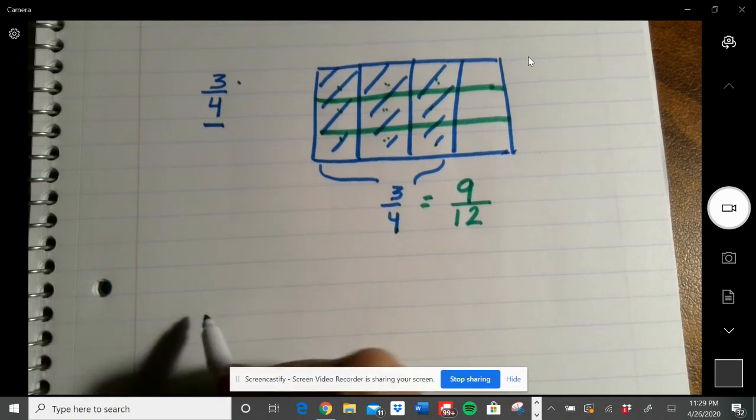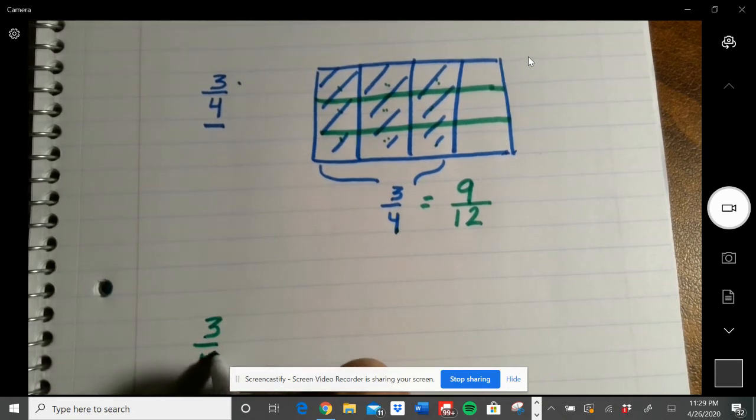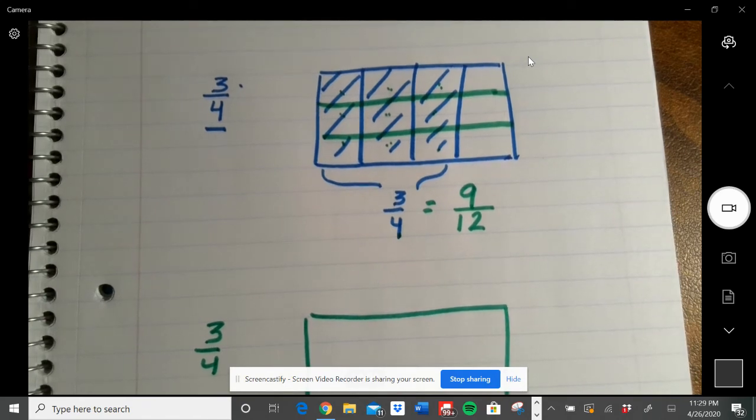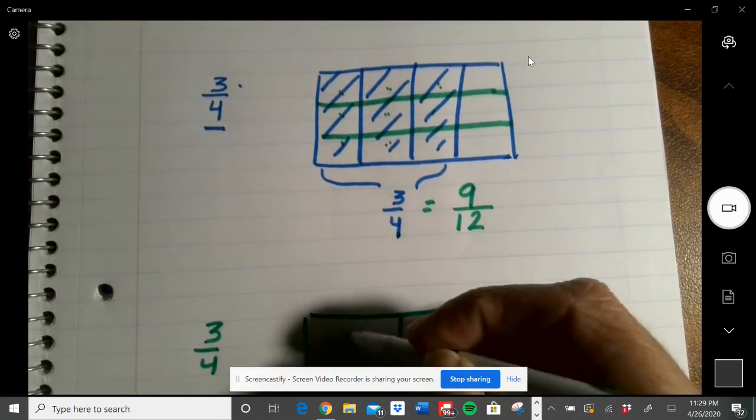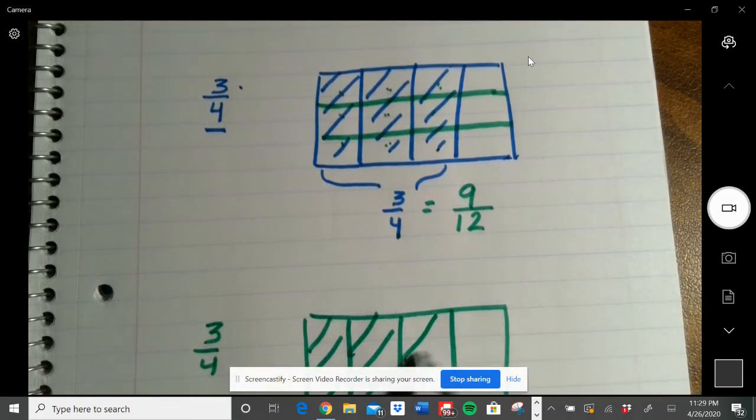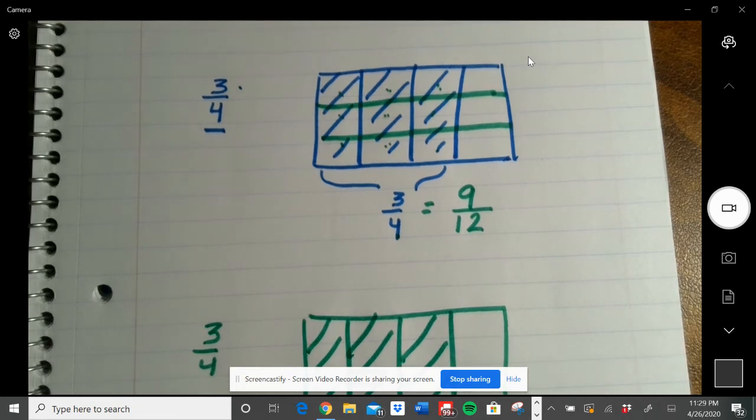And it can also, here's my 3/4. I can still just do the one line.